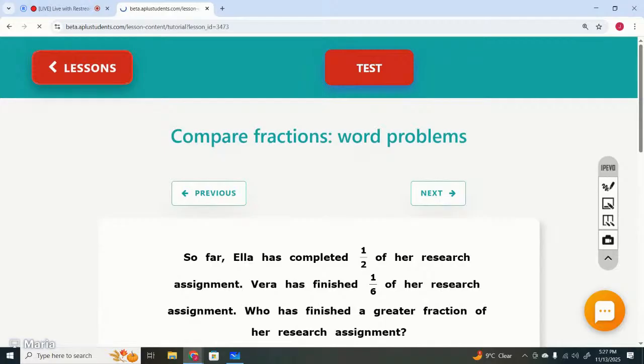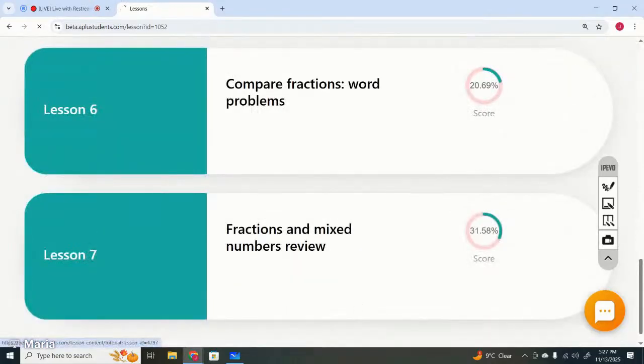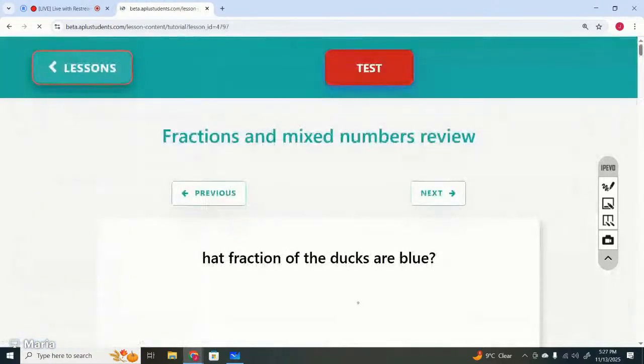The next lesson is fractions and mixed numbers review.